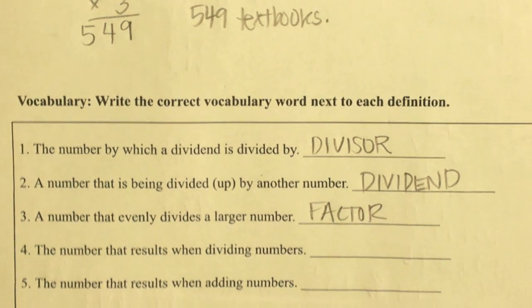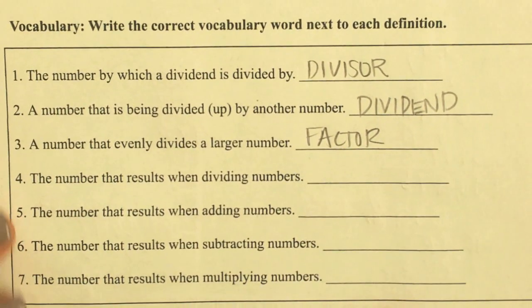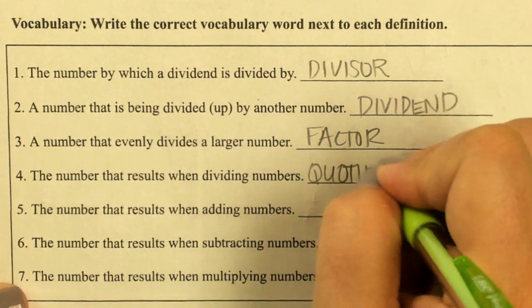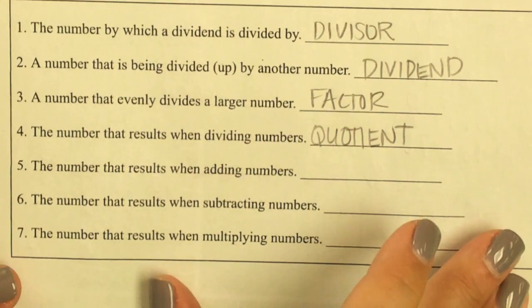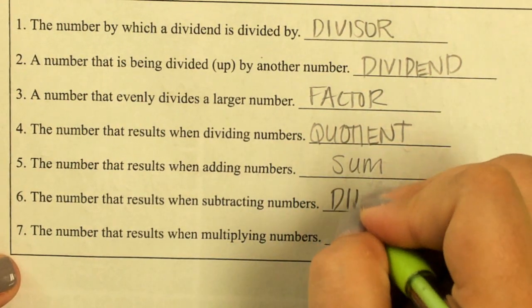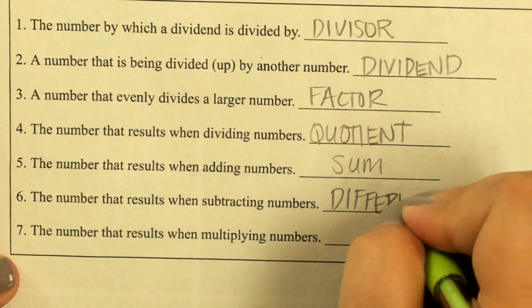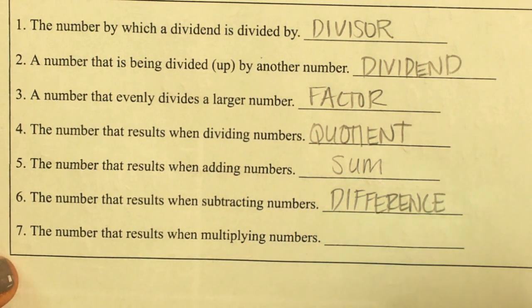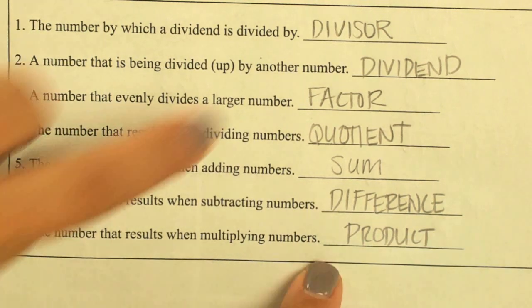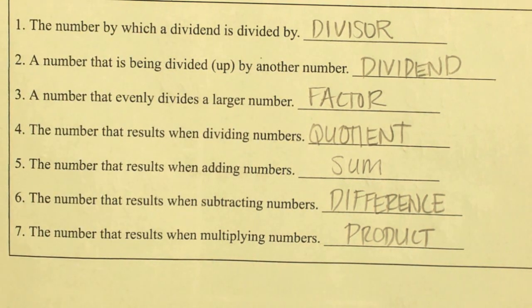What is the number that results when dividing numbers? Yeah, that's basically the answer to a division problem. What about when we add numbers? Subtract? Difference. You guys are rocking. And multiplying. Product. Okay, so always remember with product and factor, factors are like a factory.